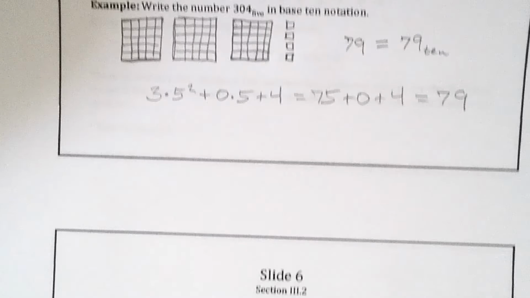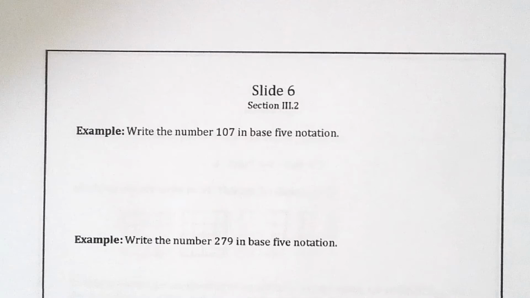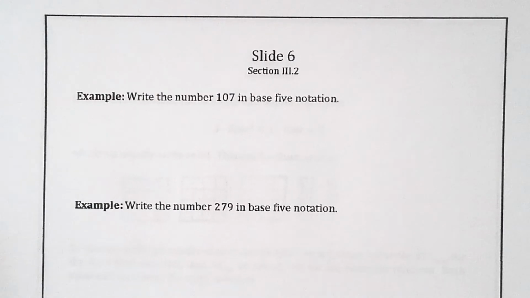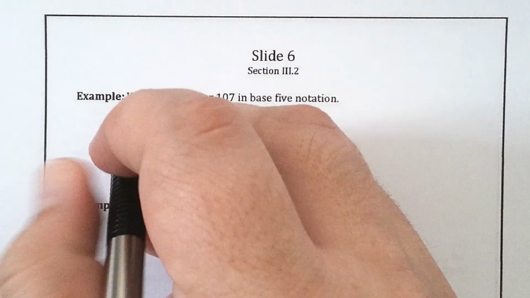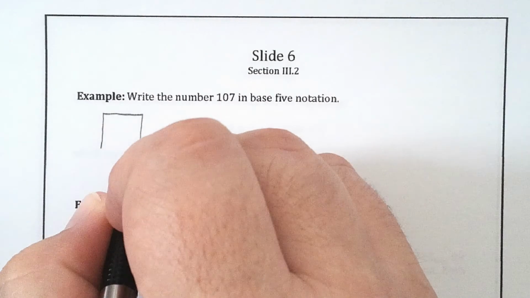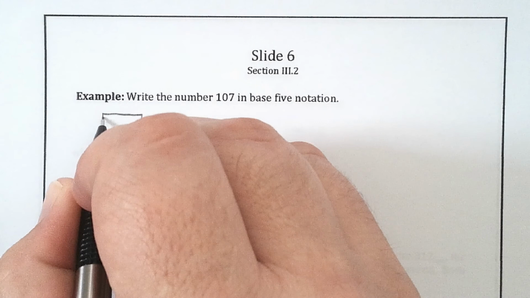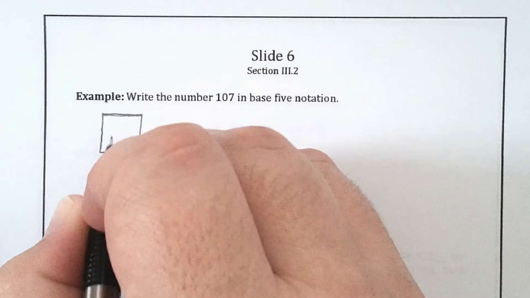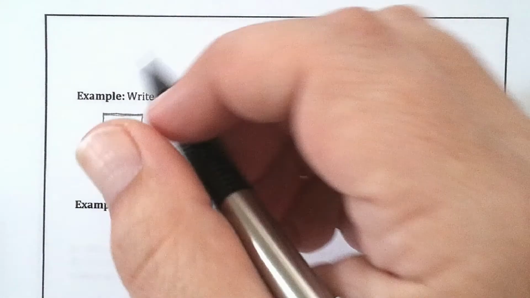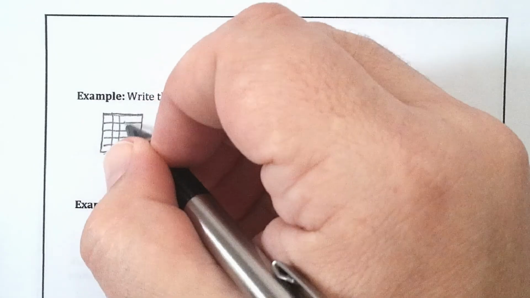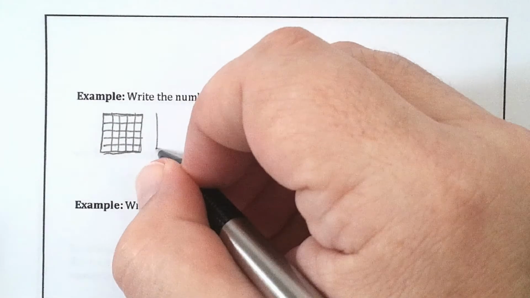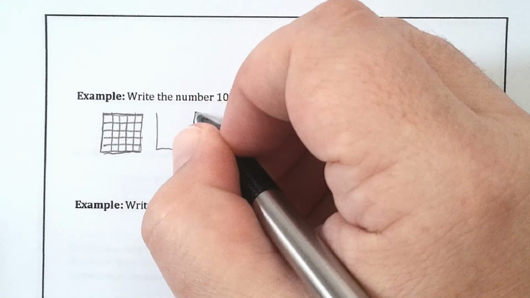So let's try to go the other direction. Let's write the number 107 in base 5. I'm going to do this one with pictures, because the number is small enough. I just start adding in mats. One mat is 25, and a second mat is 50.